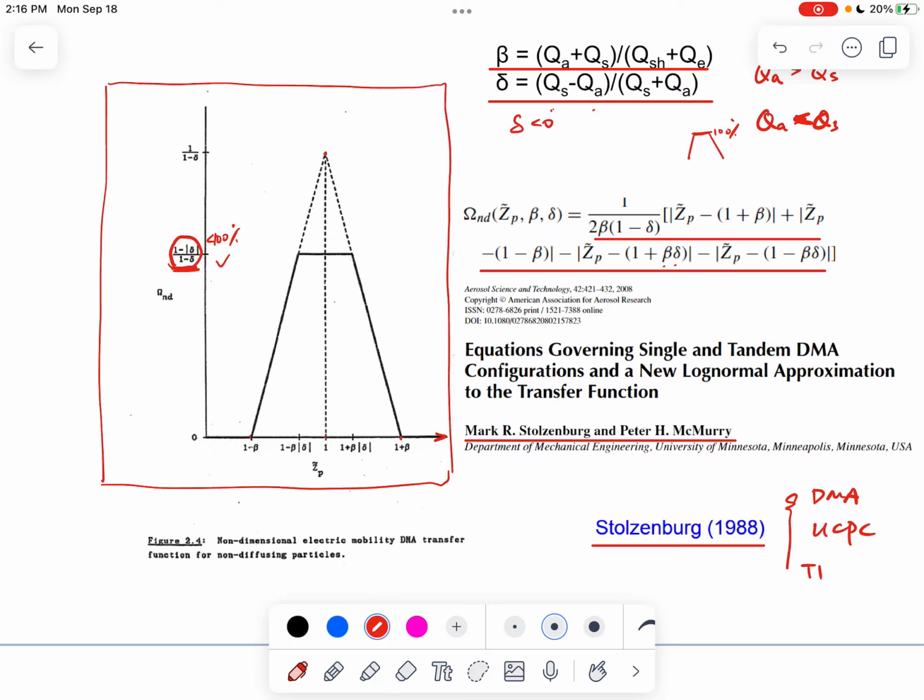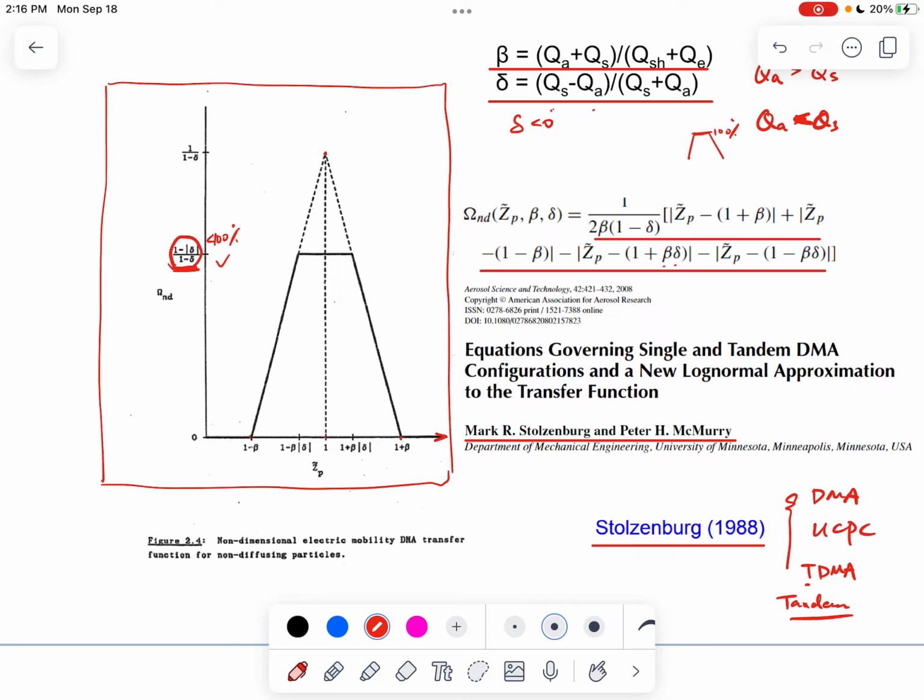And then he also laid the foundation for the tandem differential mobility analyzers. So we'll talk about the TDMAs later on as well. So you can see this person has done a lot of work in his PhD that made a huge contribution to our understanding of these aerosol sizing systems.